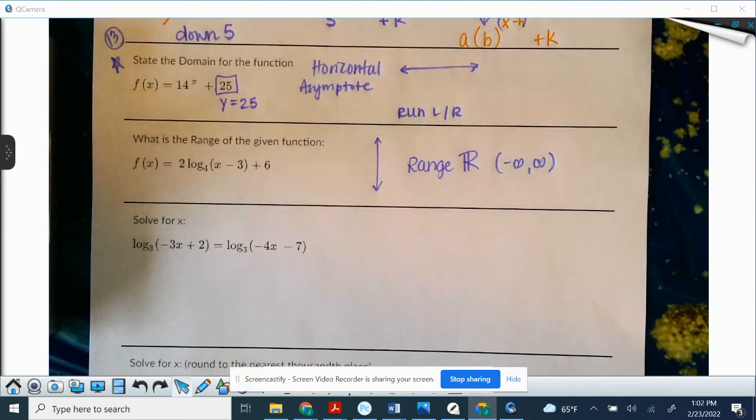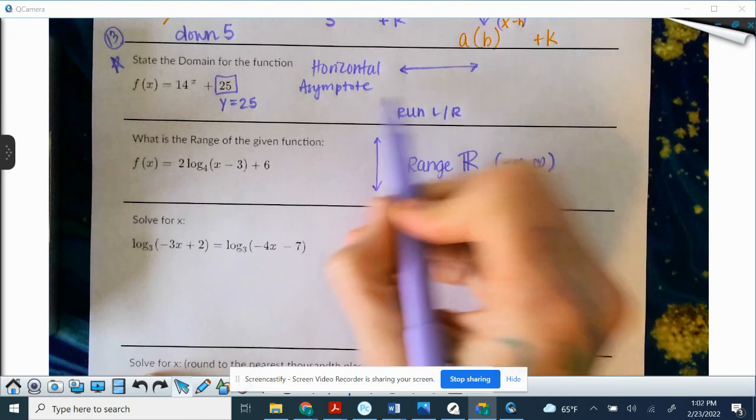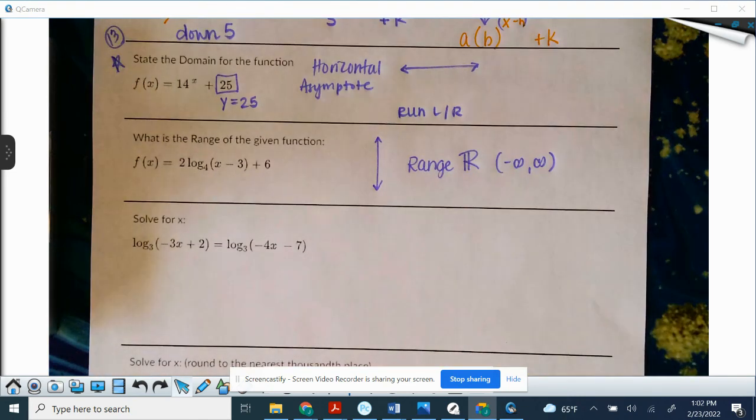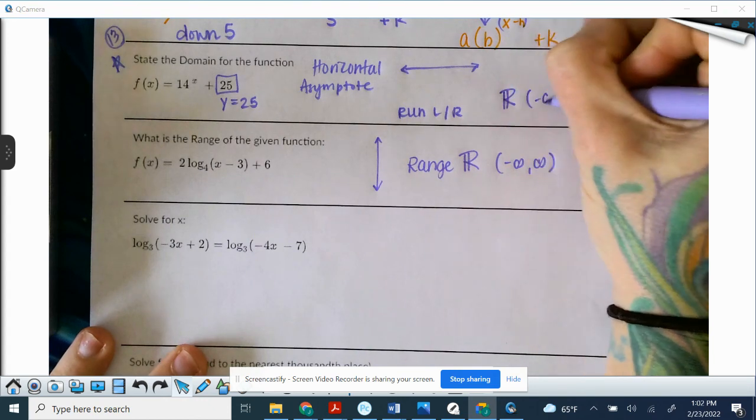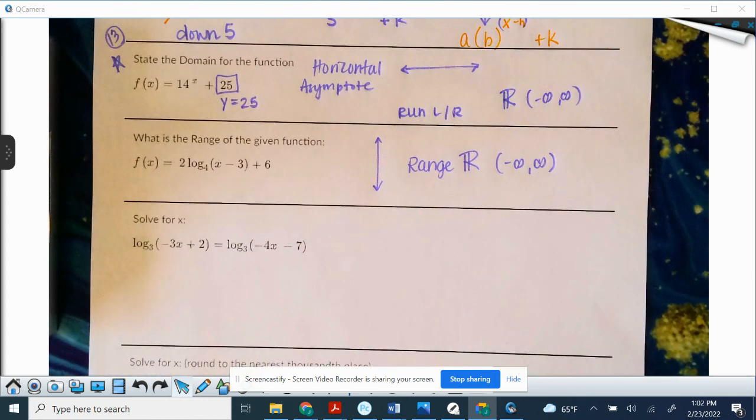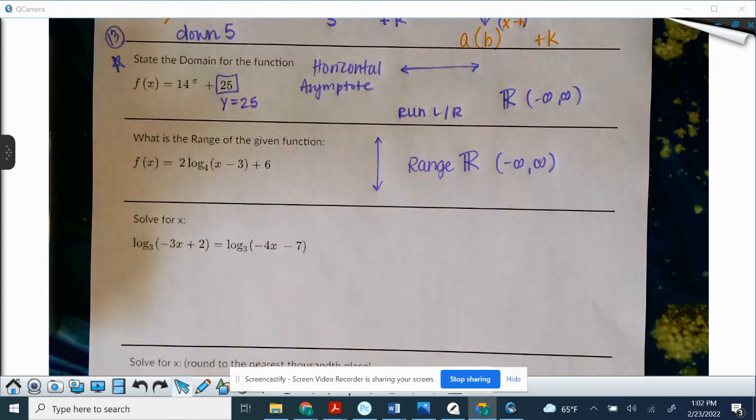But if you take off left and right, since this is a horizontal asymptote, there's nothing stopping you from going left and right. So the domain is all real numbers. The range would have your 25 in it, and then either go up to positive infinity or down to negative infinity, depending on which side of the line it's on.